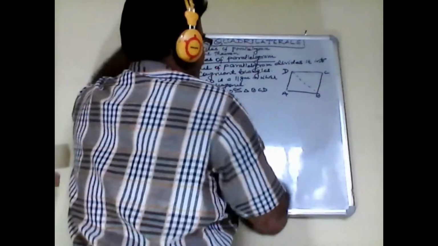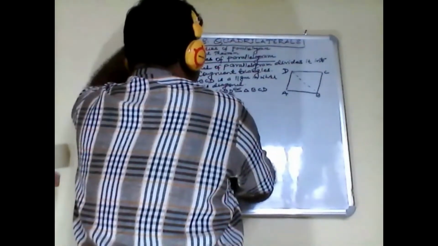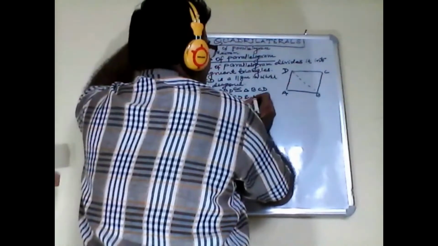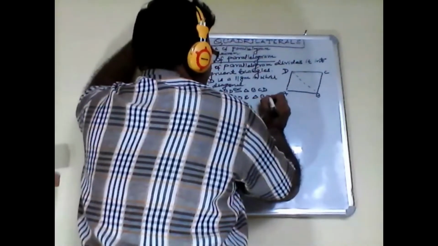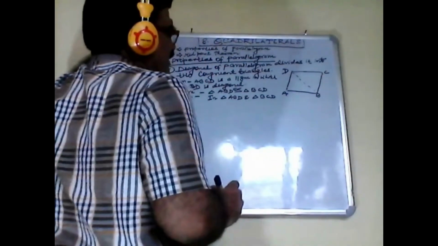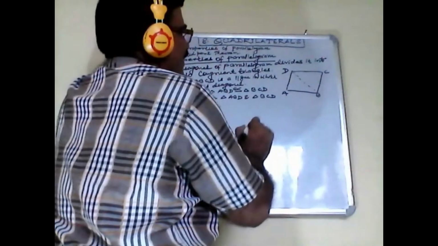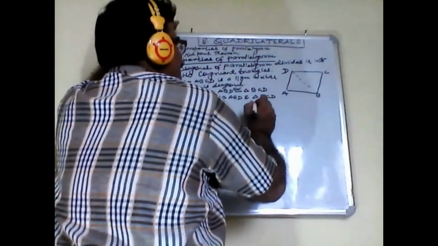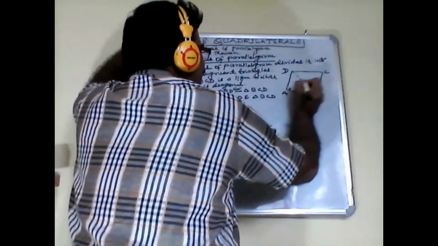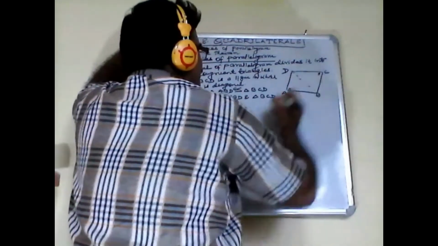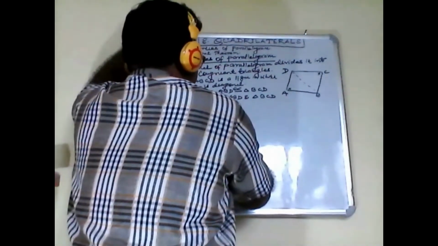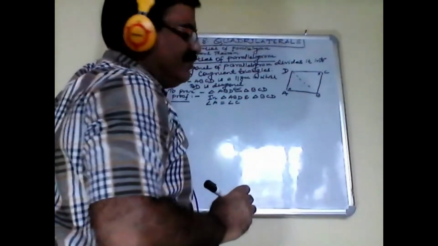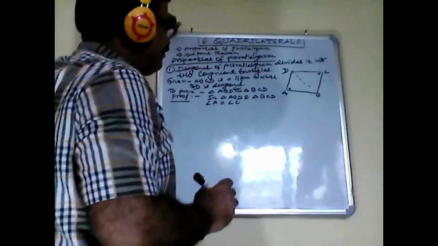In triangle ABD and triangle BCD, we can write angle A and angle C are equal, since opposite angles are equal in a parallelogram.